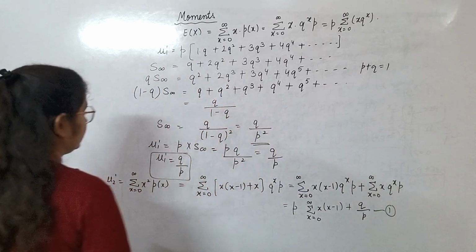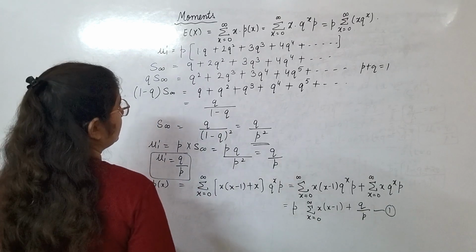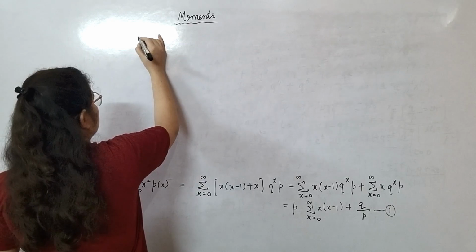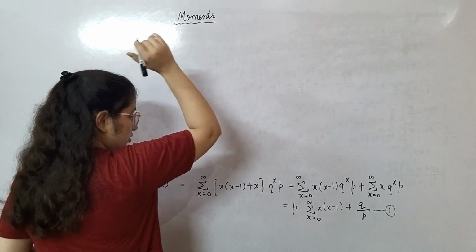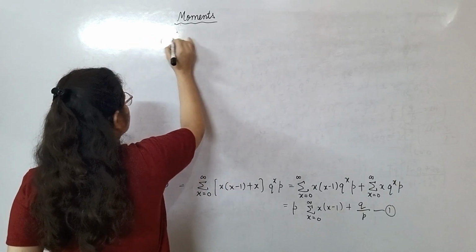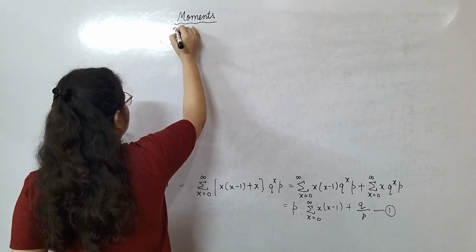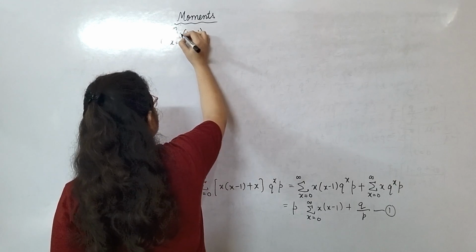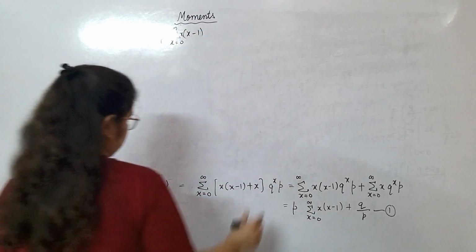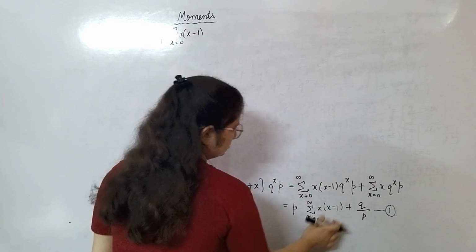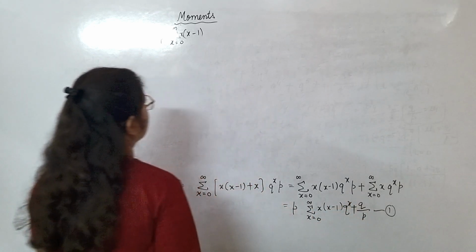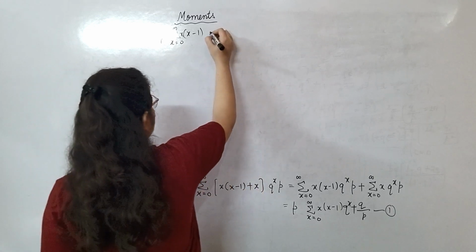For that I am erasing first. See, mu2 dash is equal to p summation x from 0 to infinity x into (x minus 1) into q raised to the power x.